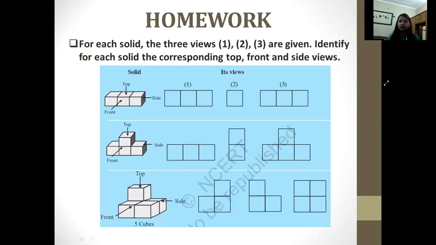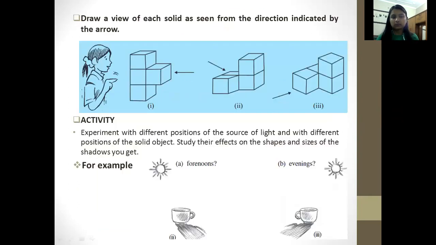So here's the homework in front of you. The first question is from the textbook only. You would have to see the side view, top view, and the front view of these objects. You can cut papers also to look at the same, and after opening, see how many shapes you are obtaining. Then there is the next question for you, and there is also an activity.